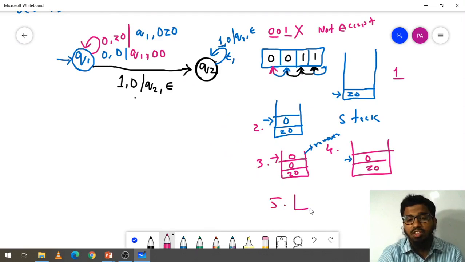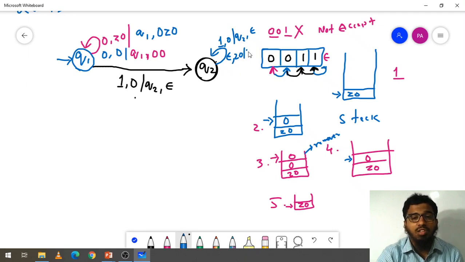What is our fifth stack? In the fifth stack there is only Z0, and this is the pointer. Epsilon means we don't have anything. So here Z0 is going to Q2.